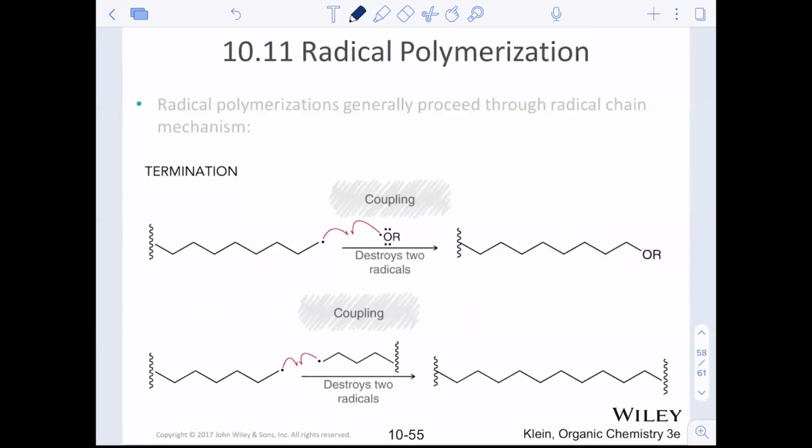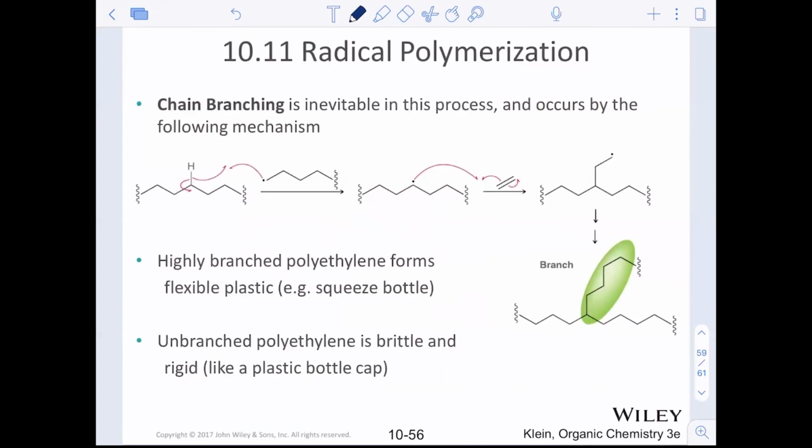Now there will eventually be a coupling reaction that destroys 2 radicals, right? But it could be either between the other peroxide, or it could even be combining 2 chains. So we have a bunch of carbon chains bound together, and yes, chain branching can occur. You can think that this polymerization, this radical mechanism, is going to just cascade and continue to add. Now, highly branched polyethylene forms give us flexible plastics.